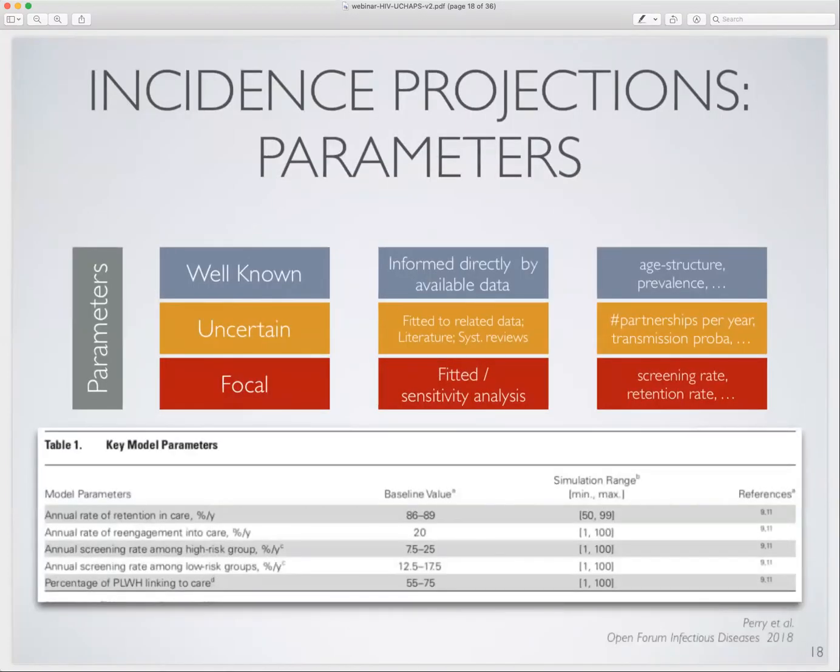So in this table from the authors, you can see that, for example, the retention rate, which is the first line, the retention rate used in the model had a baseline value of 86–89% per year. And they explored what effect it will have on HIV incidence if the retention rate is going to be between 50 and 99%.